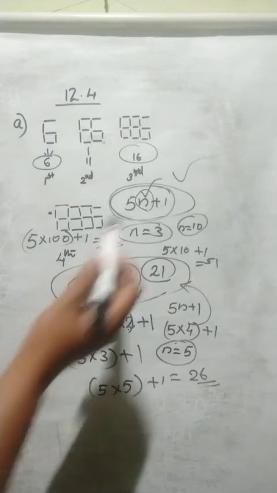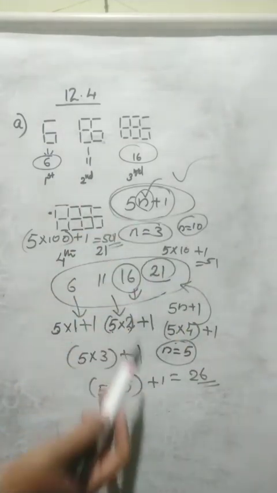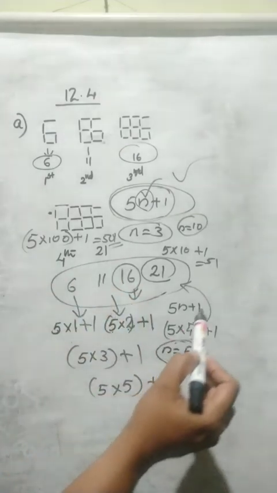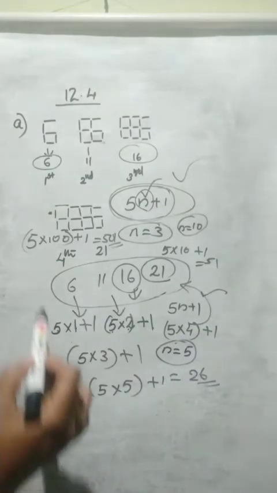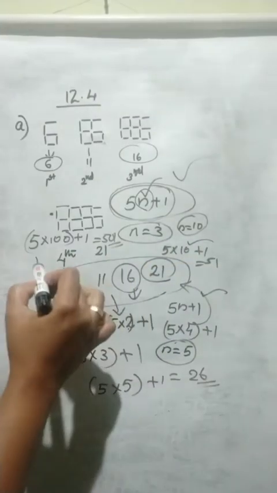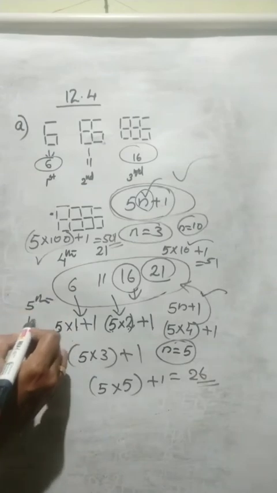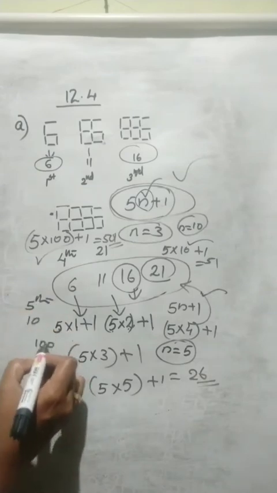Clear? n may be different in each case. Here first one we have to find the fifth term, then 10th term, then 100th term. Okay, for this A, B, C, 3 questions are there. Everywhere we have to find the 5th term, then 10th term and 100th. Clear?